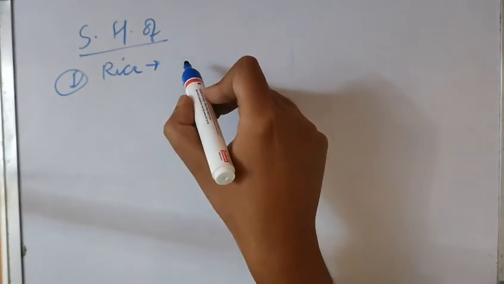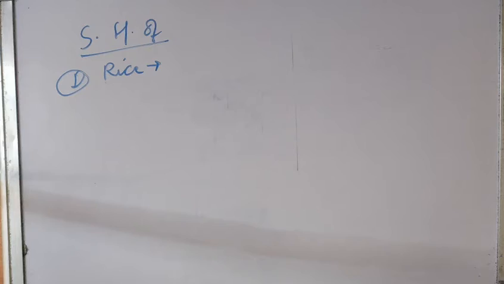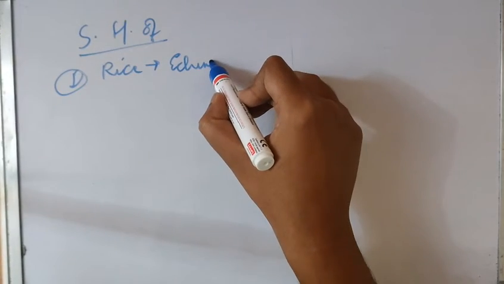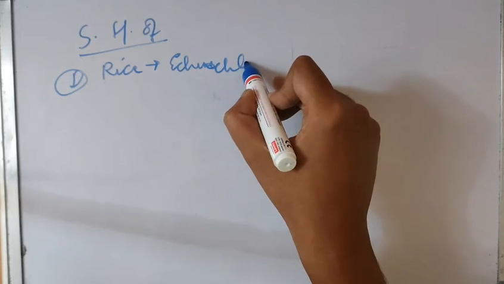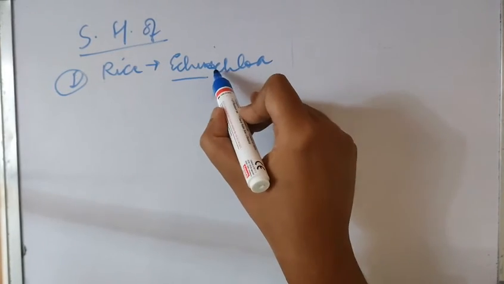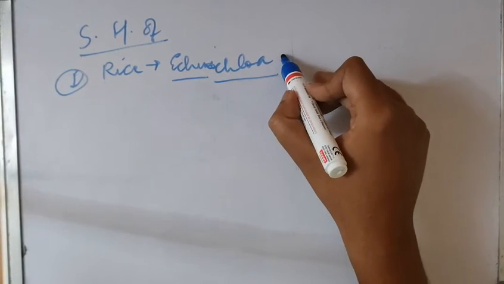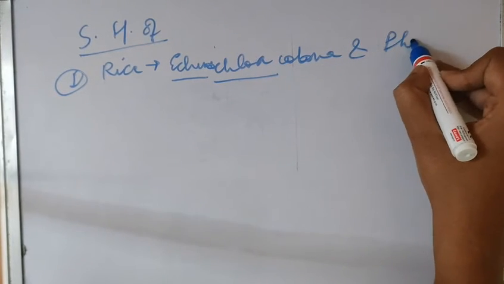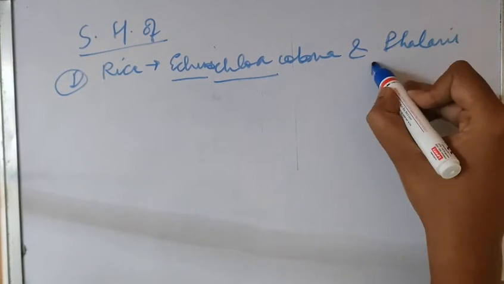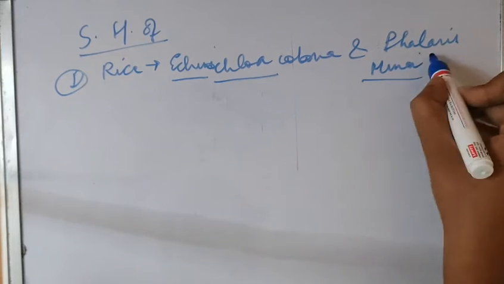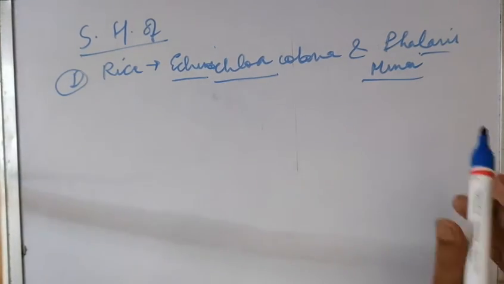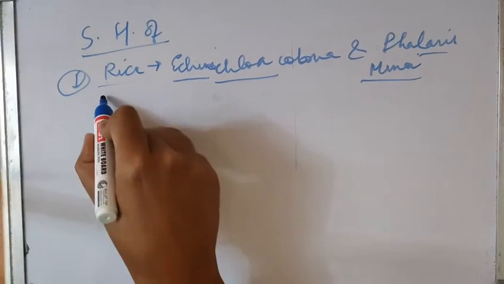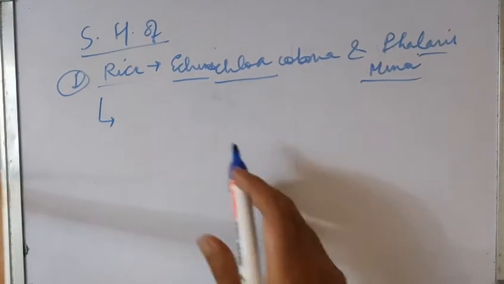The major weeds of rice are Echinochloa and Phalaris minor. These two are some major weeds of rice. So which selective herbicides will we use here?